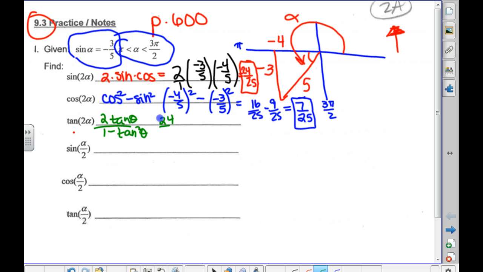So this would be the sine, 24/25, divided by the cosine, which was 7/25. When we flip this guy over, the 25s will cancel and we get 24/7. If we hadn't already done the double angle sine and the double angle cosine, then it would have been faster to use this formula, but since we did, we're good.